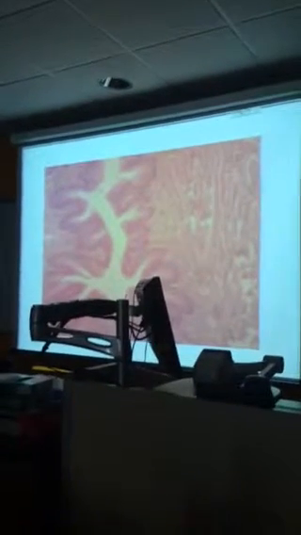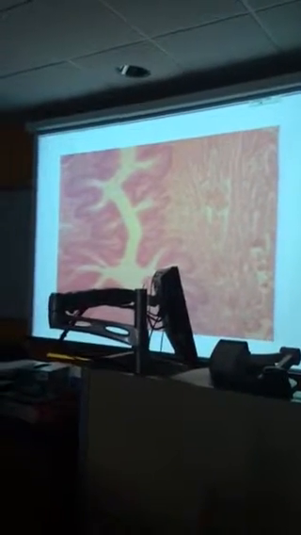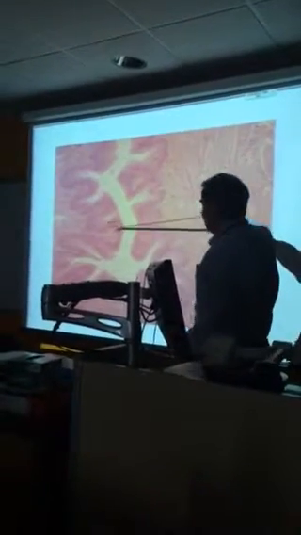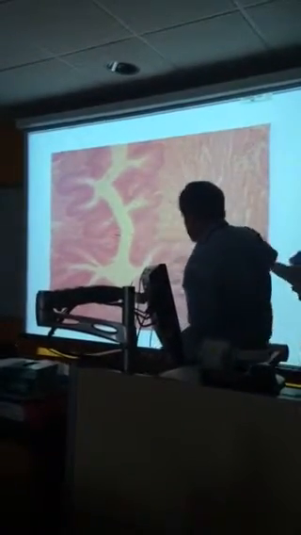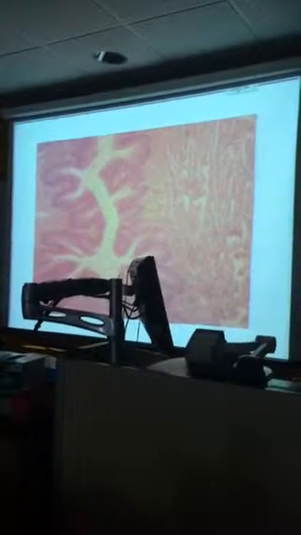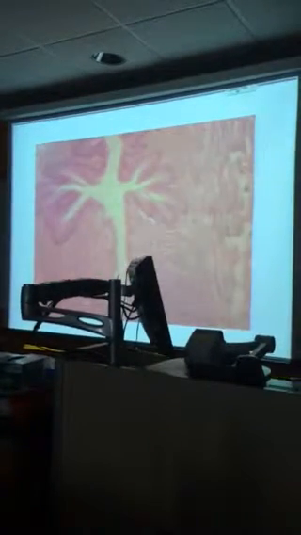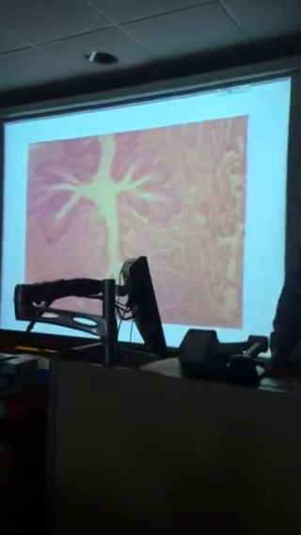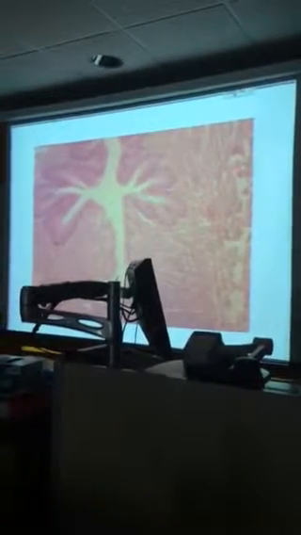It's a little different stain, a little different view, but you can see again, esophagus up here, that thick layer of non-keratinized stratified squamous, and then down here, the stomach, which has a much thinner epithelial lining, which is the simple columnar epithelium.